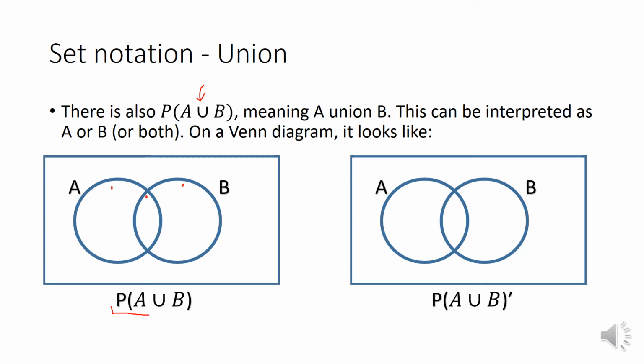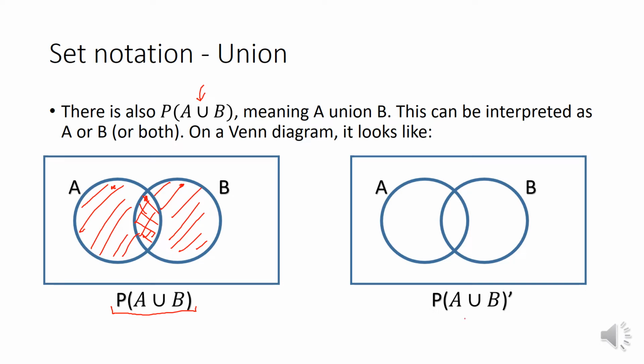So P of A union B on a Venn diagram would be anything in A, anything in B, or anything that is in both. So it's this section, and this section. So A union B is anything where A or B happens.